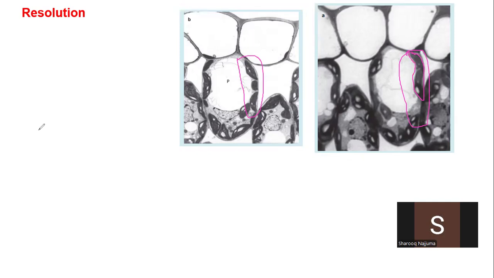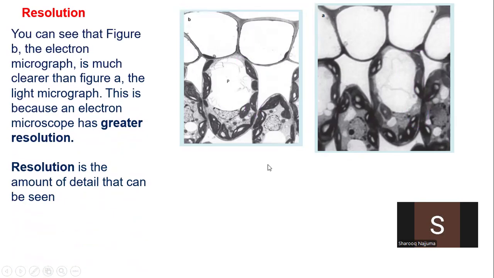So that takes us to the term resolution. So micrograph B was made from an electron microscope, whereas A comes from a light microscope. So a light microscope has less resolution compared to an electron microscope. So when someone talks about resolution, we are looking at how much detail can you see if you're using a microscope.